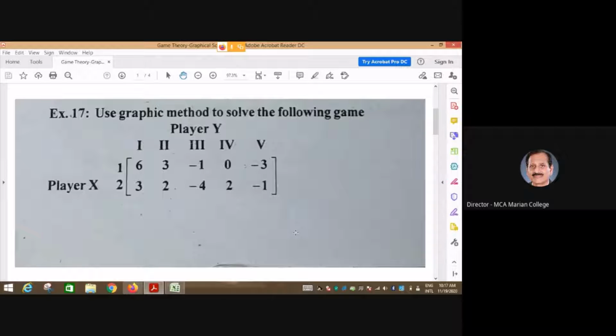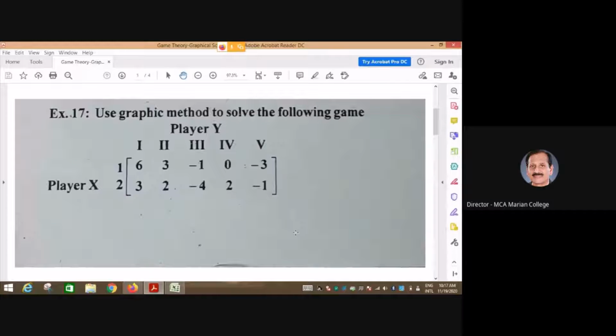Now, in this case, player X will select the value of P to maximize the minimum expected payoff. From the point of view of player X, this particular player has to maximize his profit or his payoff.